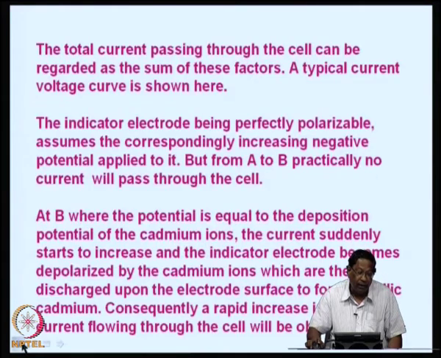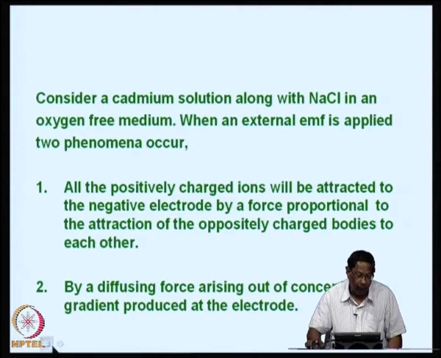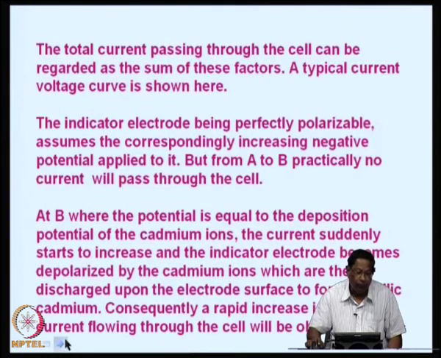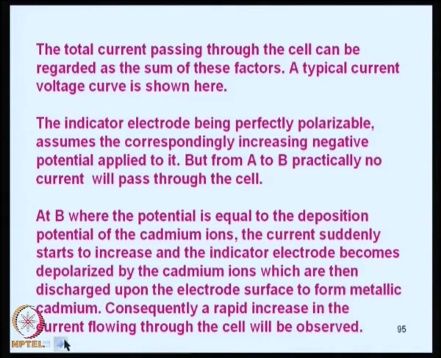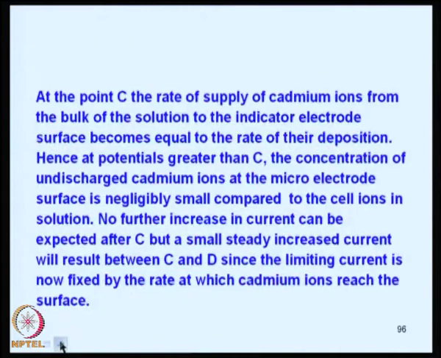From A to B, there is practically no current, that is what we call residual current. And then from the point B, the potential is equal to the deposition potential of the cadmium ions.